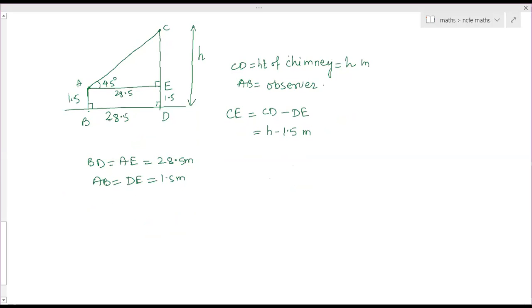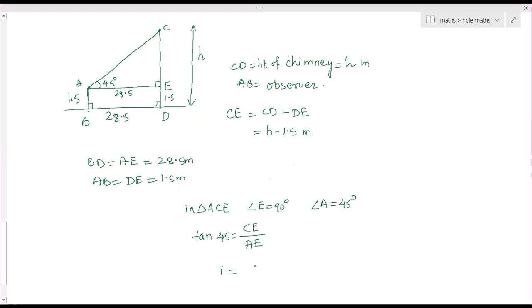So now we have to use this right triangle and use the trigonometric ratios. So in triangle ACE, angle E is equal to 90 and angle A is equal to 45 degrees. So which ratio we can use? Tan. So tan 45 is equal to CE by AE.